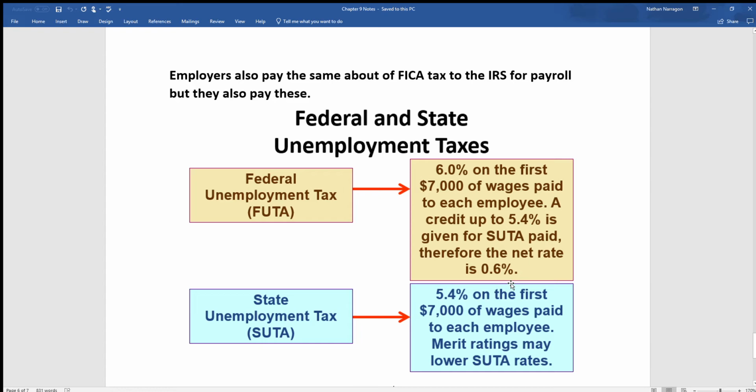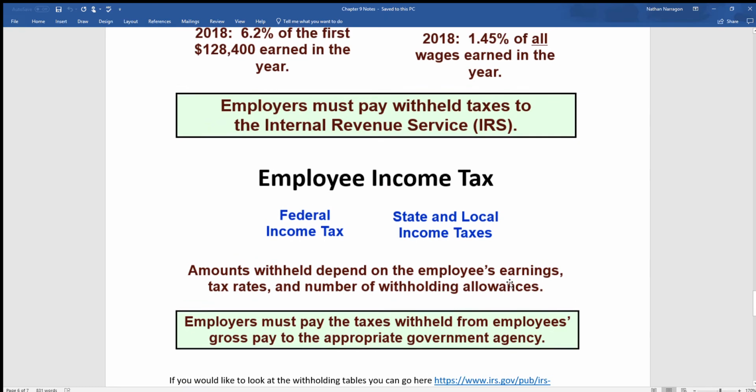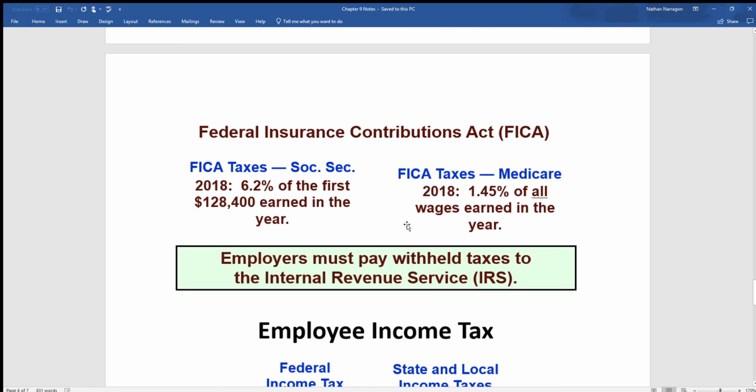Now, I will warn you right here. When we're looking at this, it is only half of the Social Security and Medicare. The employer actually pays basically the other half of this. Now, if you become a self-employed individual, you pay both.